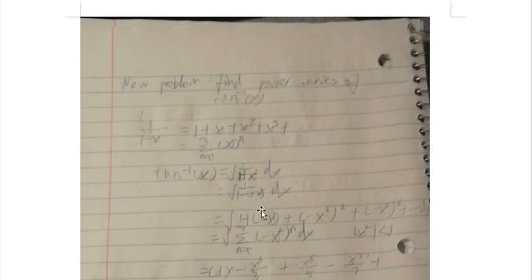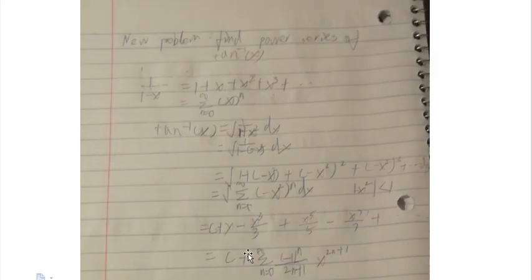After all of these, all we need to do is just integrate every single part. Then we get c plus x minus x cubic divided by 3 plus x powered by 5 divided by 5 minus x powered by 7 divided by 7 plus. Then I find that we can make the following steps into this one.